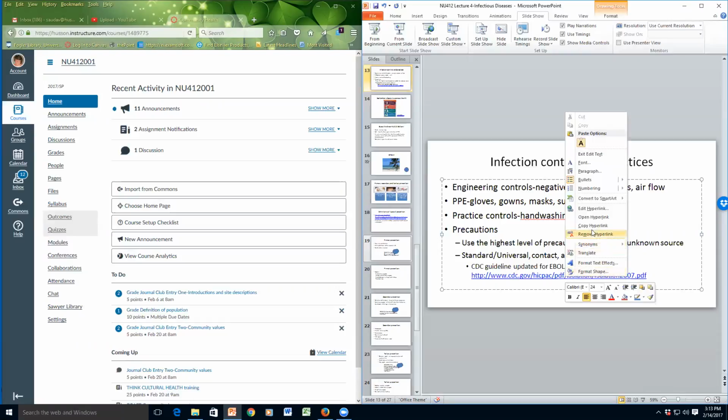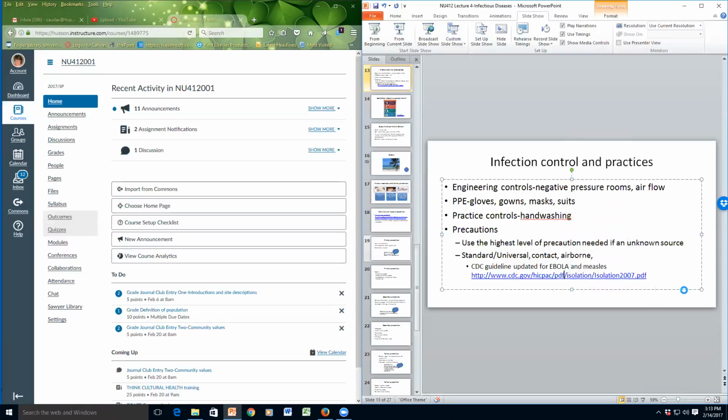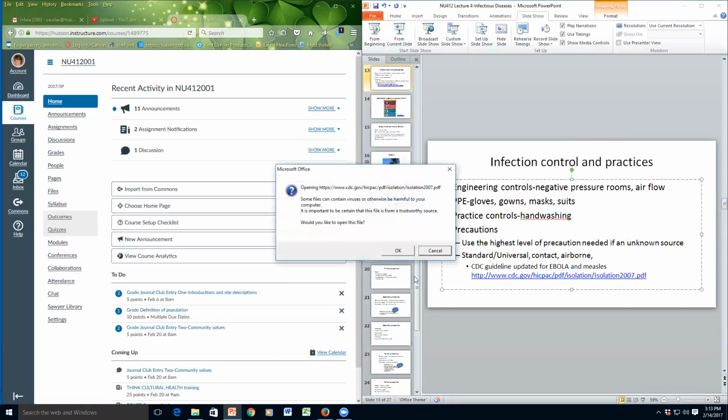Now, the CDC does have guidelines for us to use regularly.